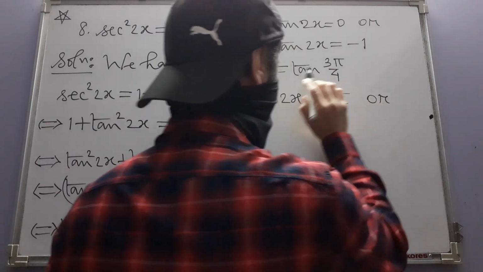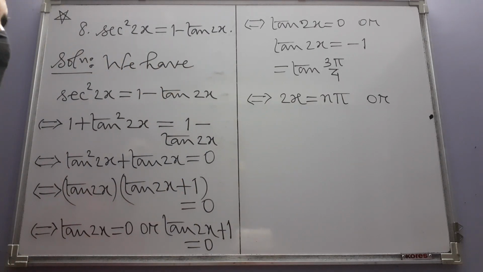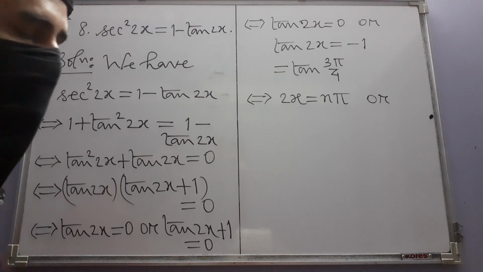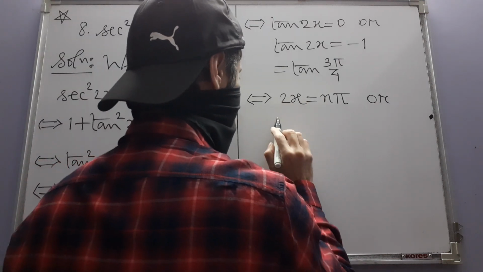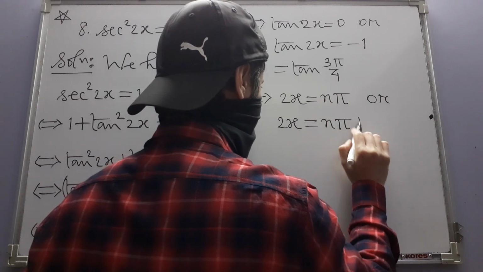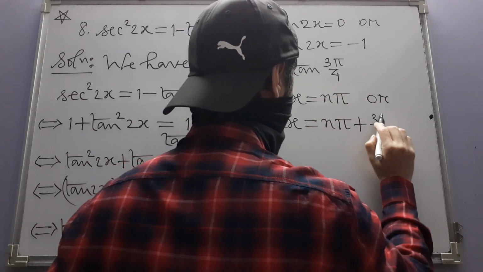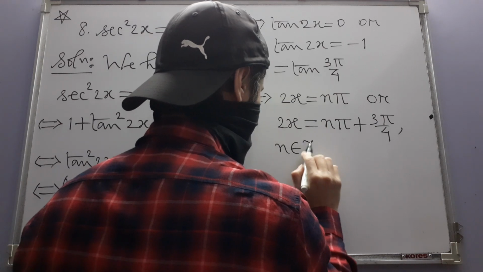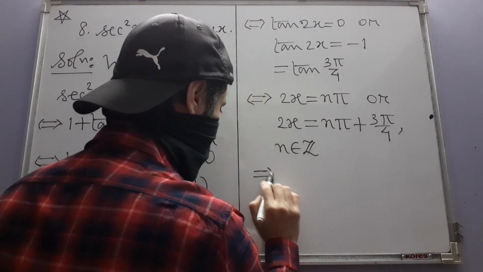Or, for the second equation, you have to write the general solution for the tan equation, tan x equal to tan alpha, which is 2x equal to n pi plus the angle, where n is an integer.